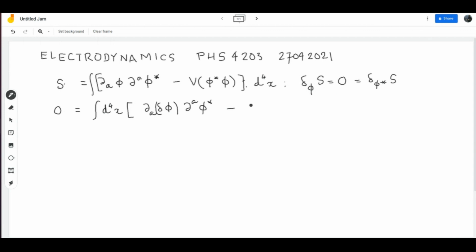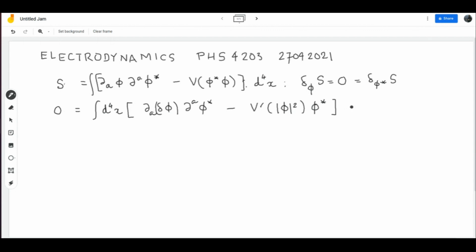And here, what we will have is, I'm just doing it in one step. So mod phi squared. So V prime is a function of this one variable mod phi squared, but then we make the variation of mod phi squared with respect to phi, and what remains is phi star. Okay, is that clear?